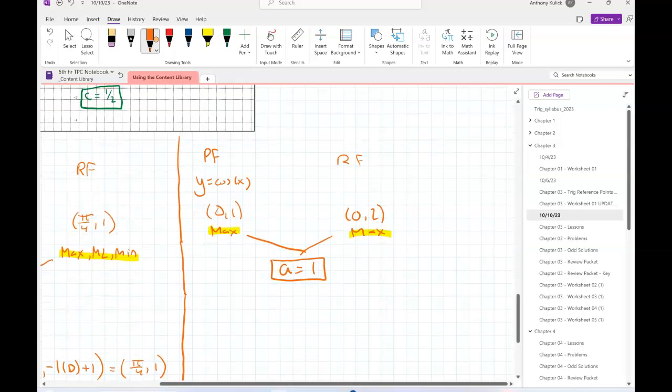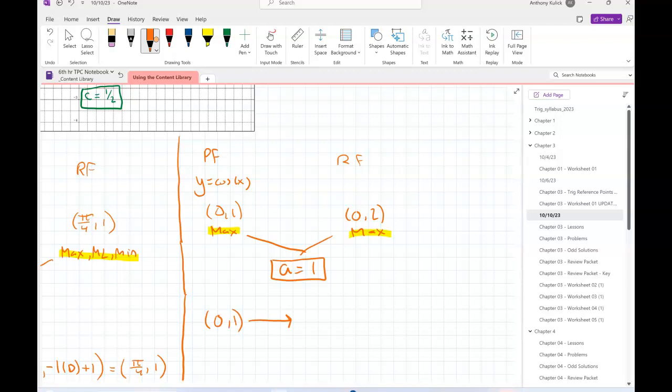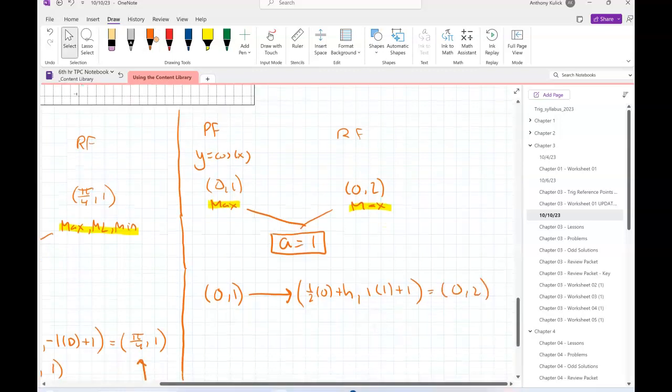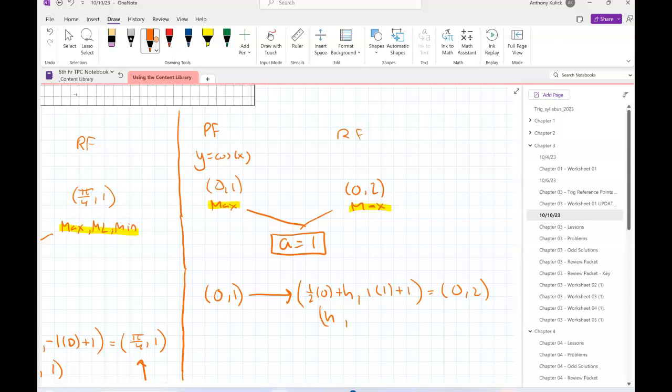Okay. So now we're ready to find H. We're going to take 0, 1, and transform that doing C times X plus H, comma, A times Y plus K, and that should give me the point 0, 2. So 0 times a half plus h is just h, and 1 times 1 plus 1 is just 2.